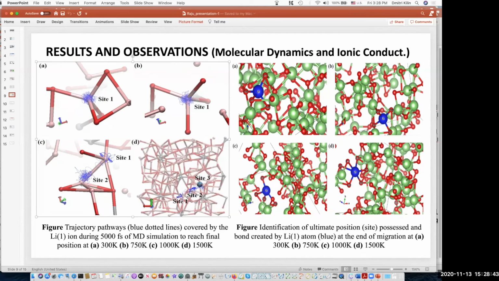You always have the tetragonal phase structure. When you increase the temperature to around 700 to 800 Kelvin, it makes the transition from tetragonal to cubic phase. But for our project, for this experiment, we used the cubic structure.